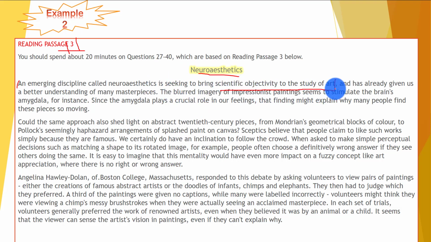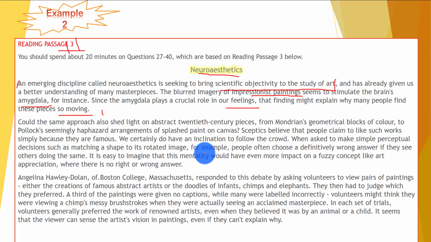Okay, now let's continue. We are in the right place and it has already given us a better understanding of many masterpieces. The blurred imagery of impressionist paintings seems to stimulate the brain's amygdala, for instance. Since the amygdala plays a crucial role in our feelings, that finding might explain why many people find these pieces so moving.